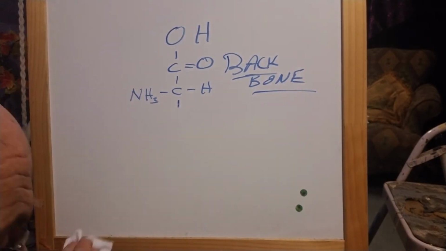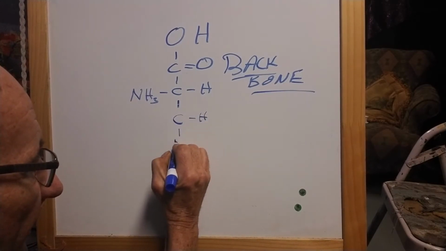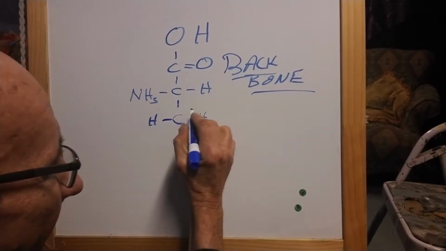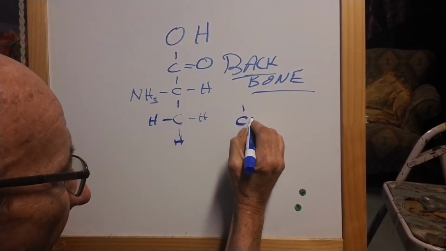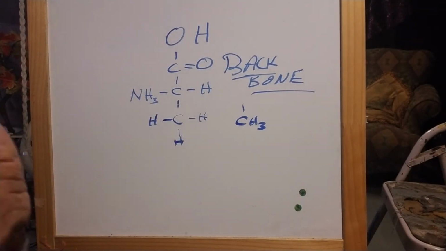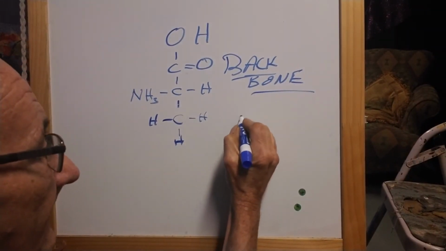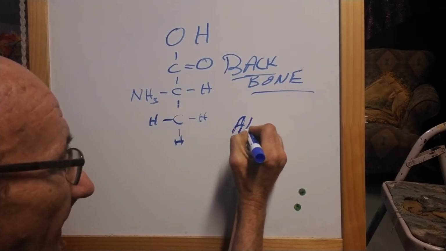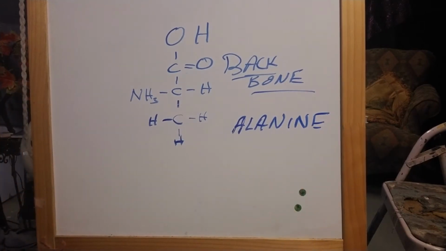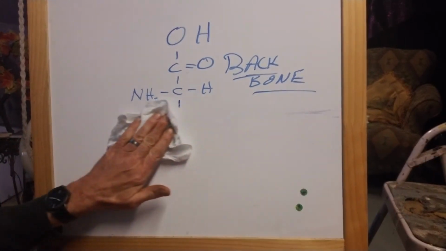Now we remove that, and we put here another carbon with three hydrogens. Remember, in the future, I'll just draw this as CH3. It means the same exact thing. I hope you can see that. This is an amino acid called alanine. Okay? That was a non-essential.